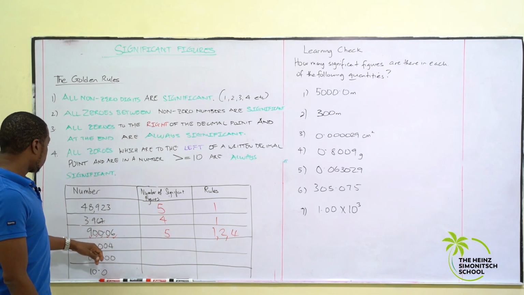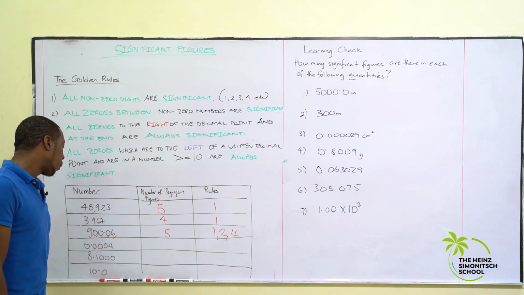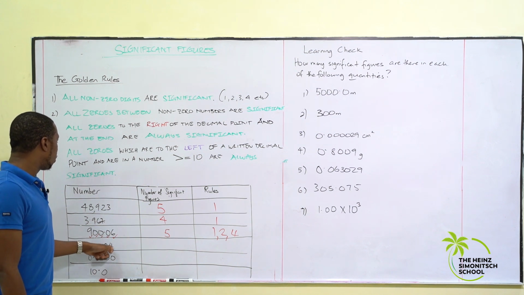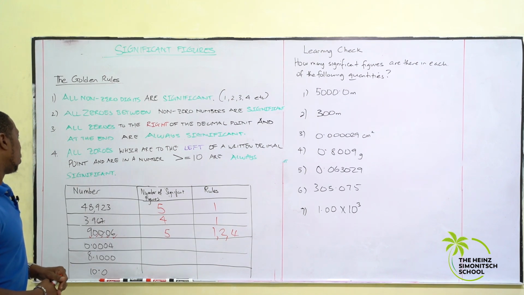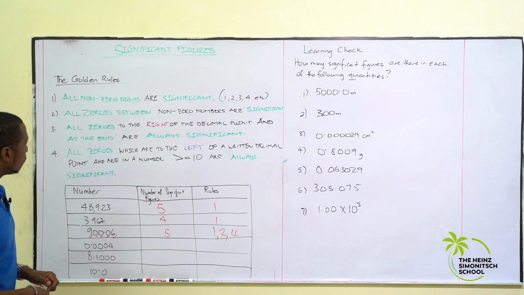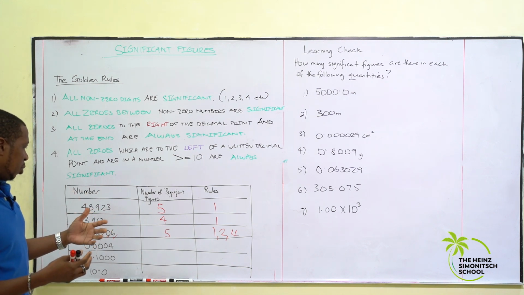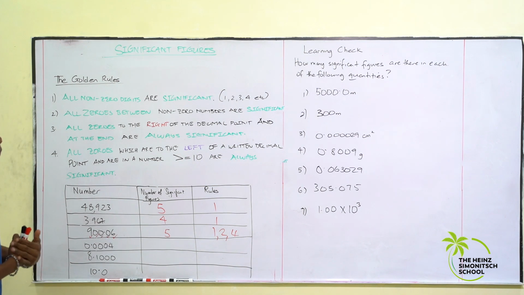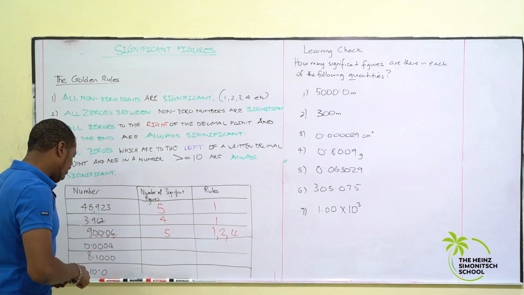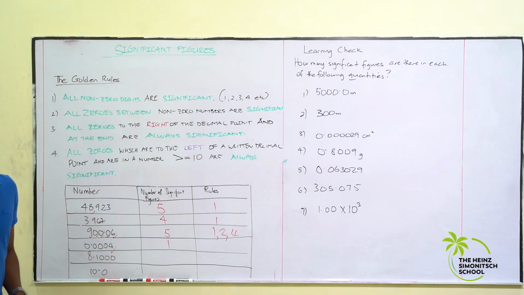Now, let's look at the fourth number, which is a decimal number, 0.0004. Which one of these rules do you think this number will govern? And can you infer then how many significant figures are in this number? Yes, there's one significant figure in this number, which is 4, and that is a non-zero number.